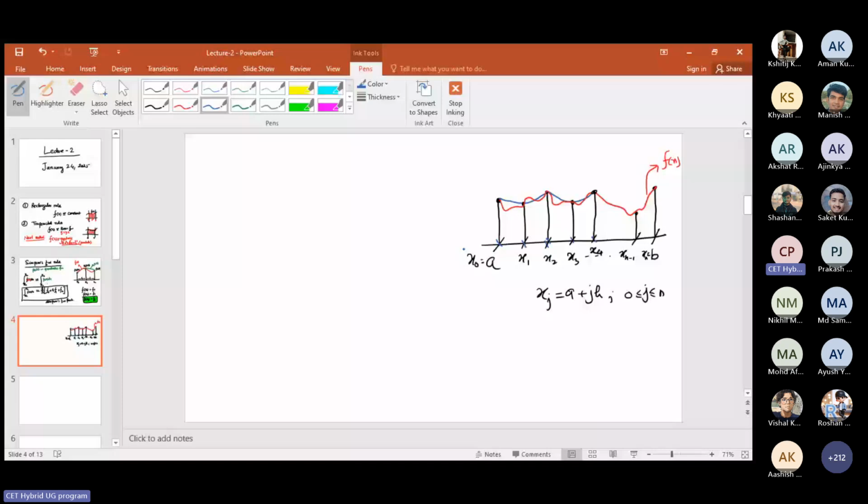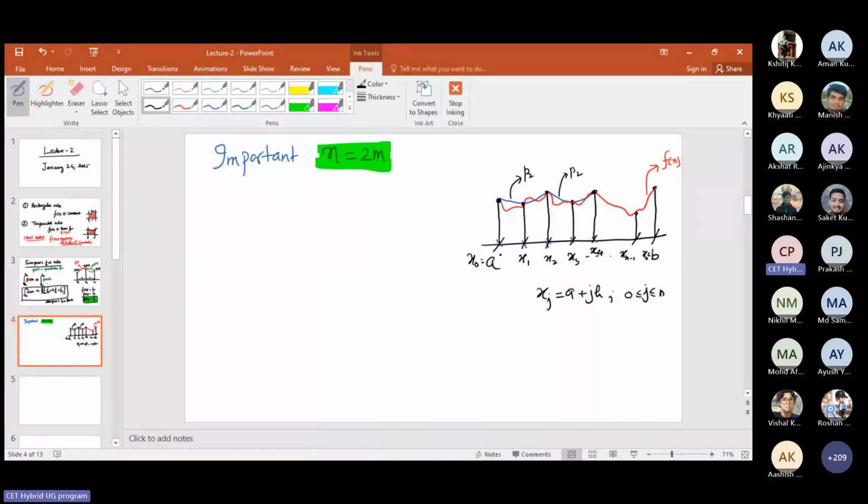It is a very important fact: the n we have must always be even. n is equal to 2m, because otherwise you won't be able to define the parabolas. So this is one P2, this is another P2 which you will define. For every sub-interval of 2 parts you have to define the parabolas.